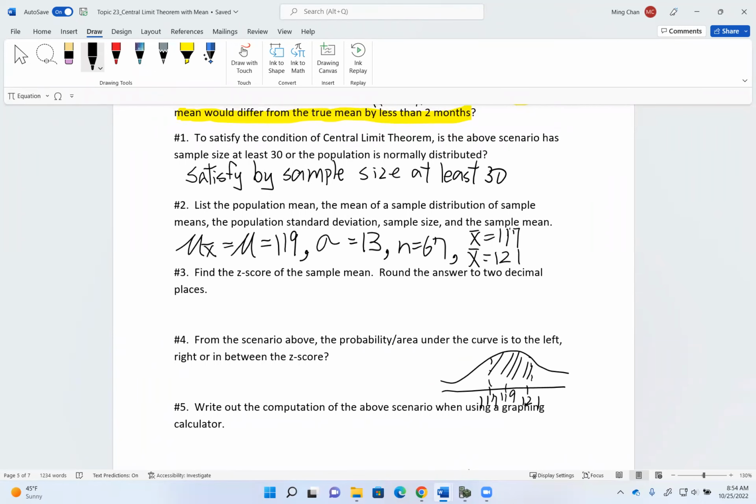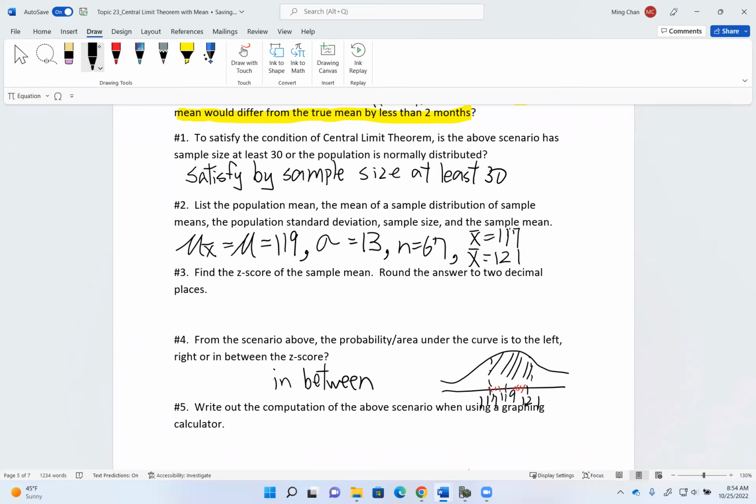I actually need to convert both of these to z-scores. In this problem, I'm looking for the area in between. The distance from 117 to 119 and from 121 to 119 is both 2 months, so differing by 2 months means within the 2 month time.